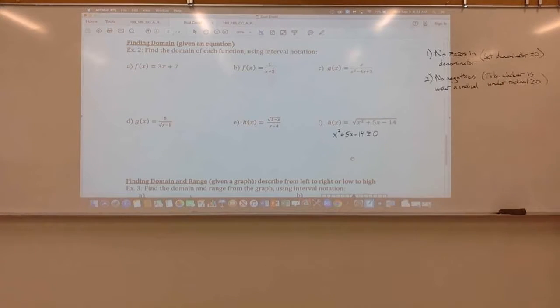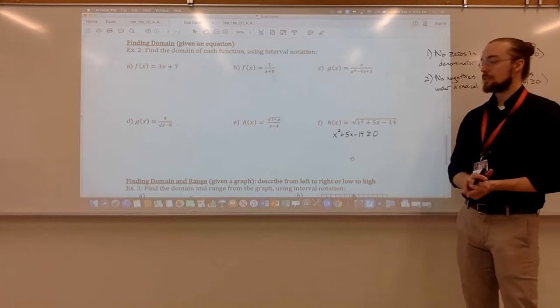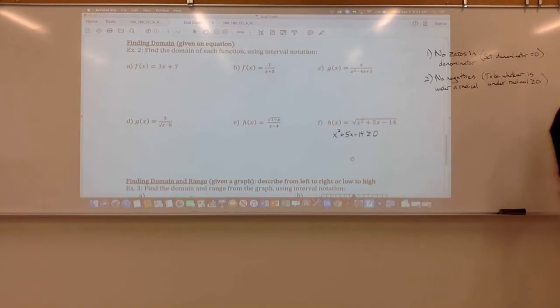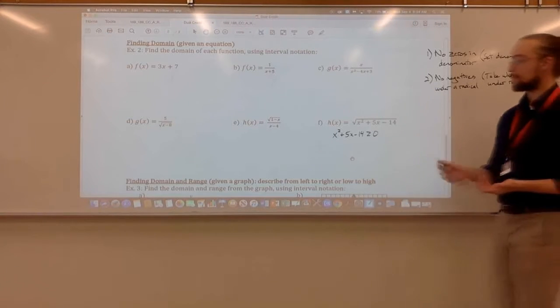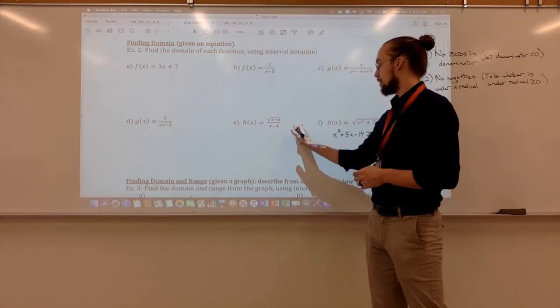Well, how would I solve something like this? No ideas? So yeah, the first thing we want to do is factor, right? We want to solve this quadratic.